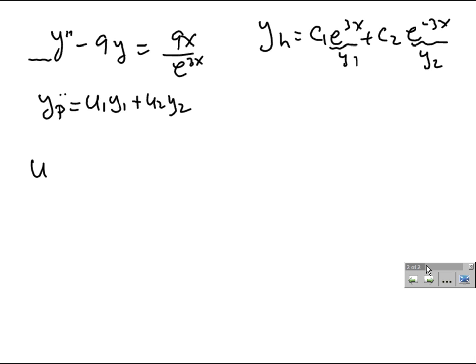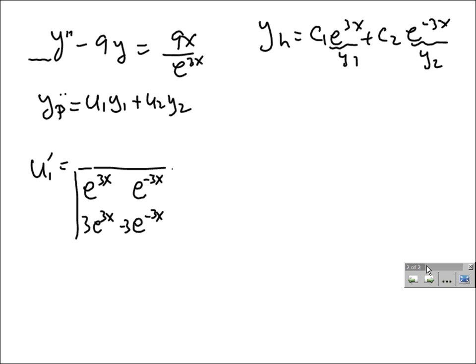Well, u1 prime is, well, on the bottom you have y1, which is e to the 3x, and y2, which is e to the negative 3x, and underneath that you have their derivatives.